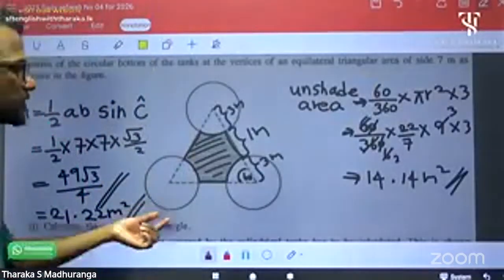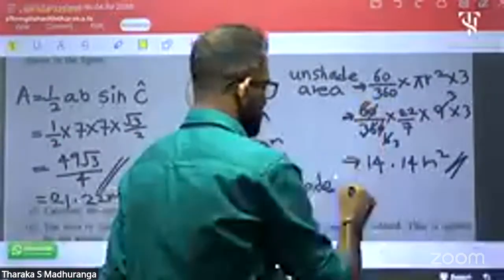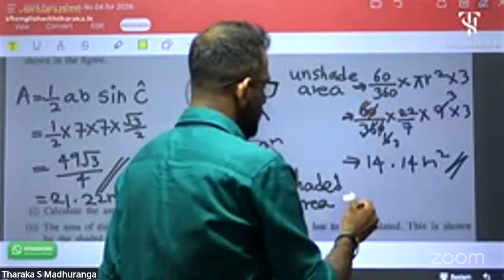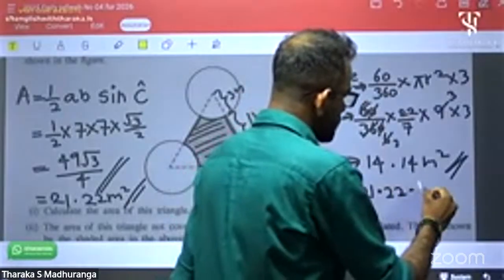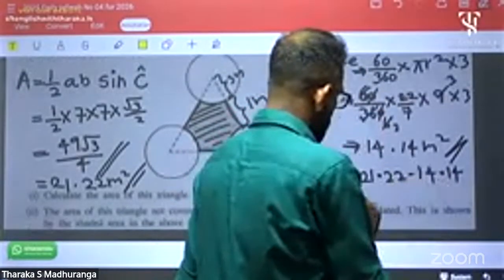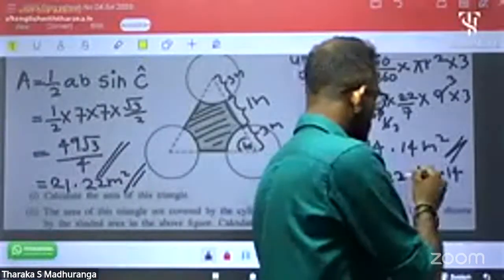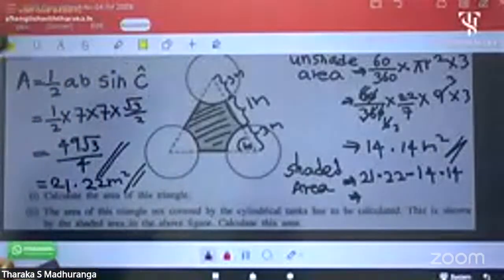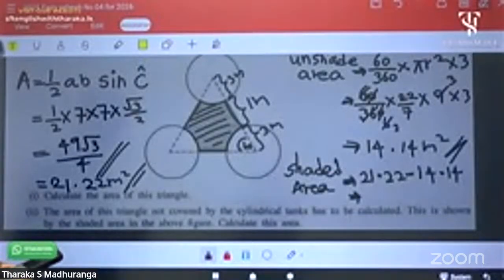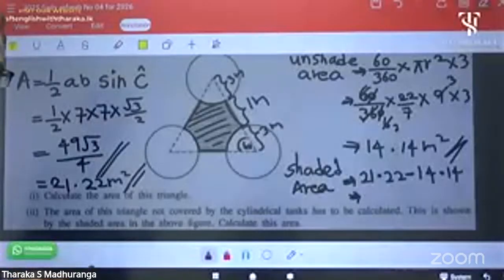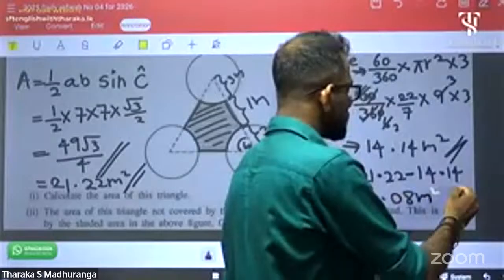Okay, now I have both answers, so the shaded area is 21.22 minus 14.14, which is 7.08. 7.08, approximately 7. 7.08 square meters is the shaded area.